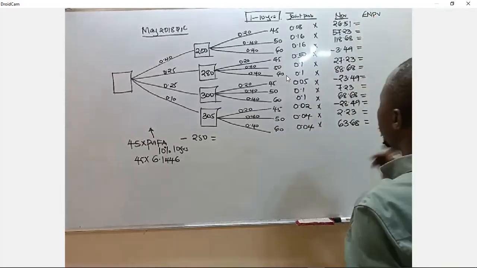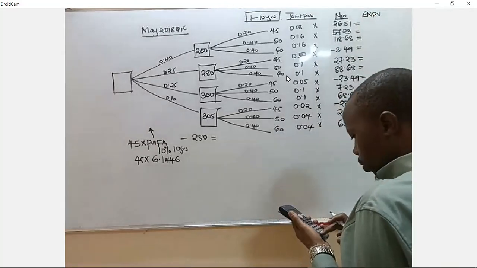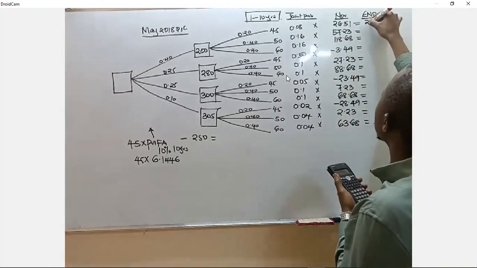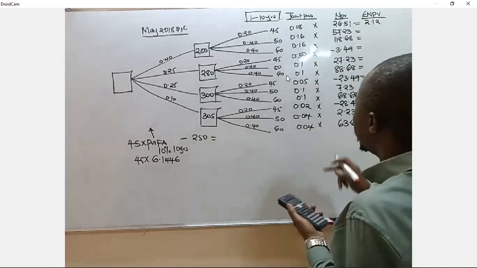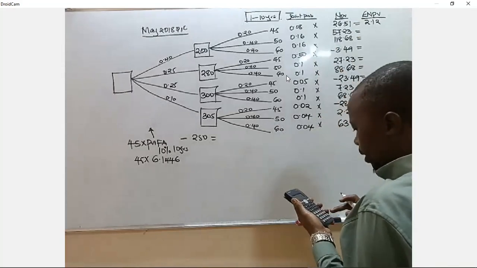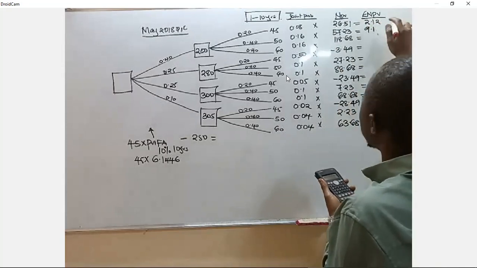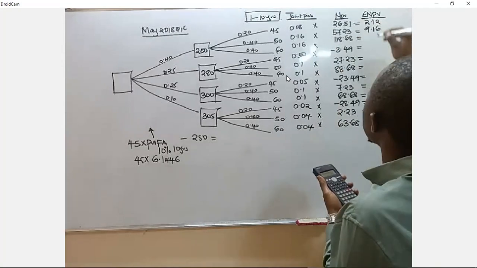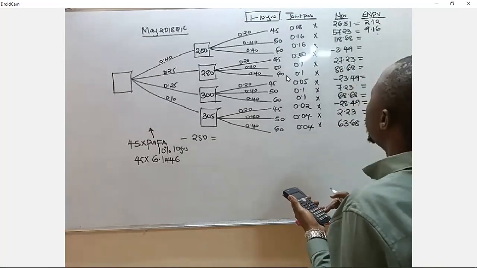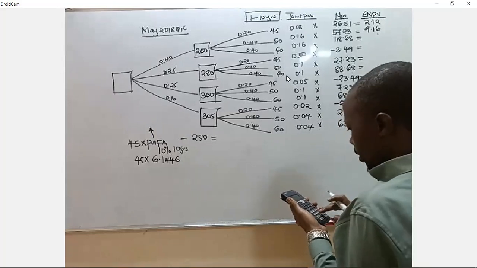Now, let me start with the first one. 26.51 times 0.08. We are getting 2.12. The second one will be 57.23 times 0.16. We are getting 9.16. Then the third one will be 118.68 times 0.16.